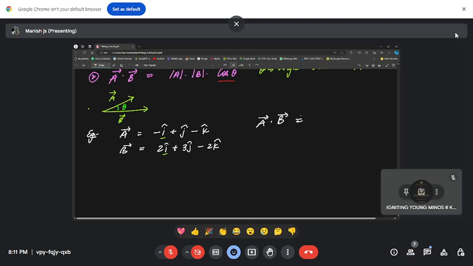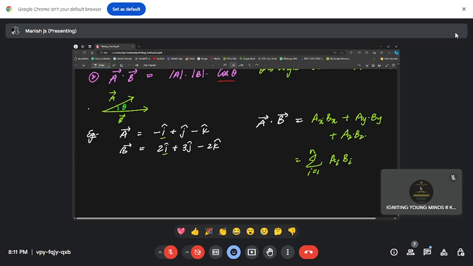It is ax times bx plus ay times by plus az times bz. Don't you think it is very similar to sigma i equal to 1 to n of ai bi? It takes the general form, right? So that is why we wrote that formula first.